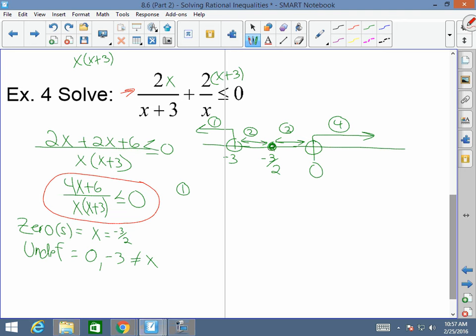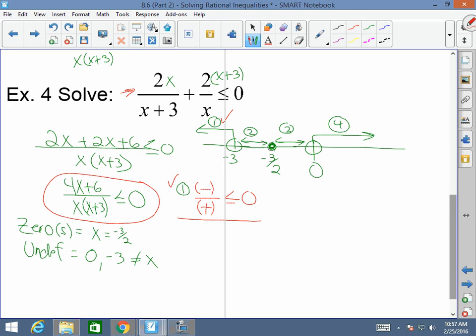So, you said negative 4. So I got negative 16 plus 6. That's going to be a negative over negative 4 times a negative 1. That's a positive. Is that greater than or less? A negative divided by a positive is a negative, so interval 1 works.